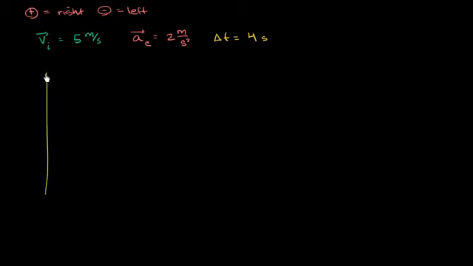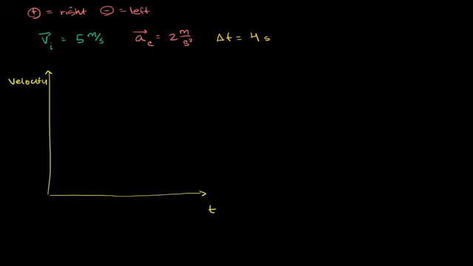So this is my velocity axis, and this over here is my time axis. I can draw a straighter line than that. So that is my time axis. Time, this is velocity. That is my velocity right over there. And I'm starting off at 5 meters per second. So this is 5 meters per second right over here. So v_i is equal to 5 meters per second.